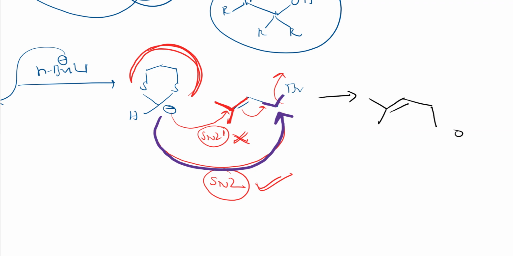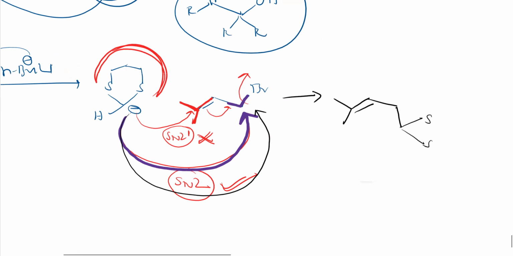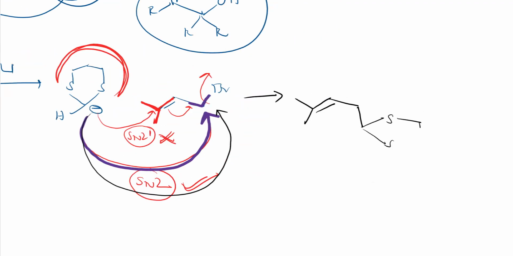So from this carbon, it attacked this bromine, so bromine left the system. So the double bond is here. This CH2 is attached to this carbon, which has got sulfur and 3 carbons, like this, right? So this is the thing.